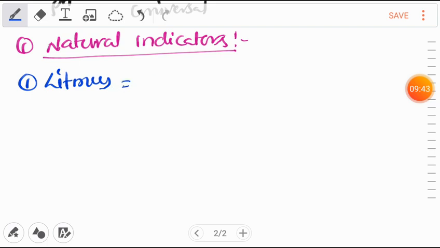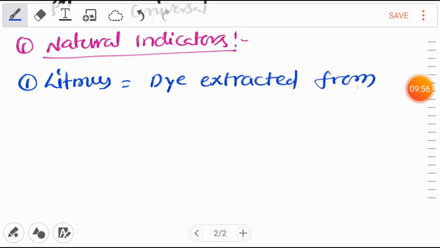How can you say? It is a dye. What is meant by dye? It is a color. The dye is extracted from lichen, which belongs to the Thallophyta family.